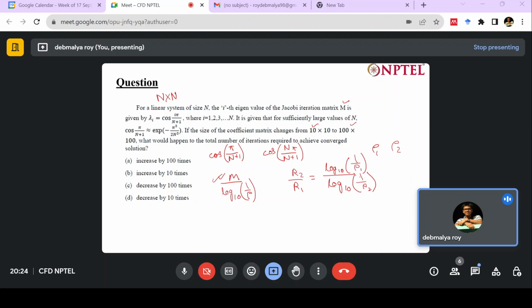Since this is a reciprocal, we can simply have a minus sign outside that would cancel out, and we can also change the base. So this becomes ln rho 1 divided by ln rho 2. We are just applying the rules of logarithm. Why ln? Because here this is given, so we can use it.